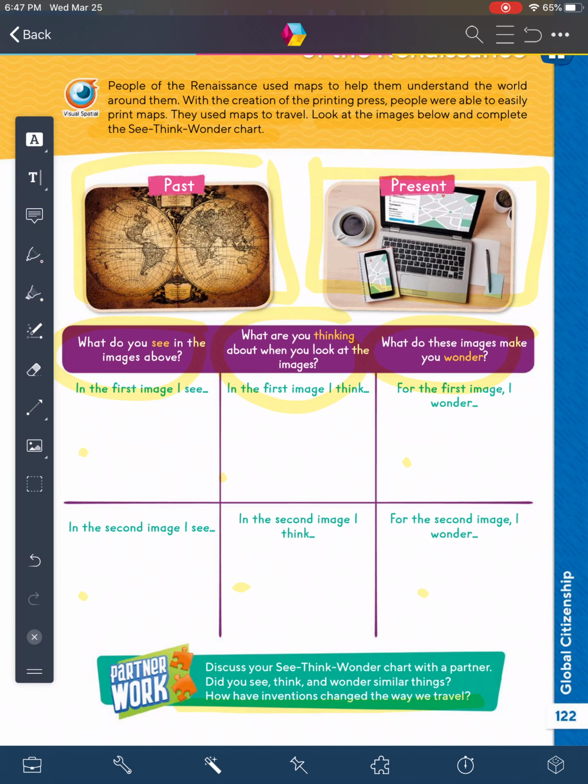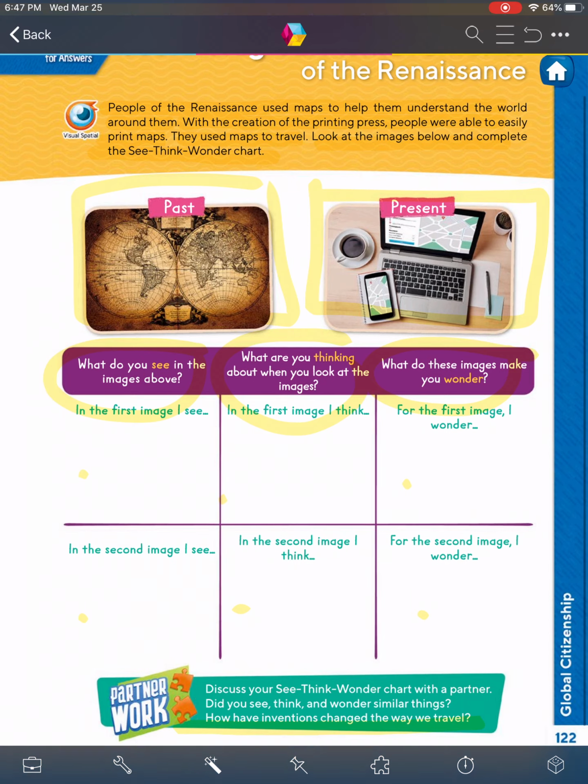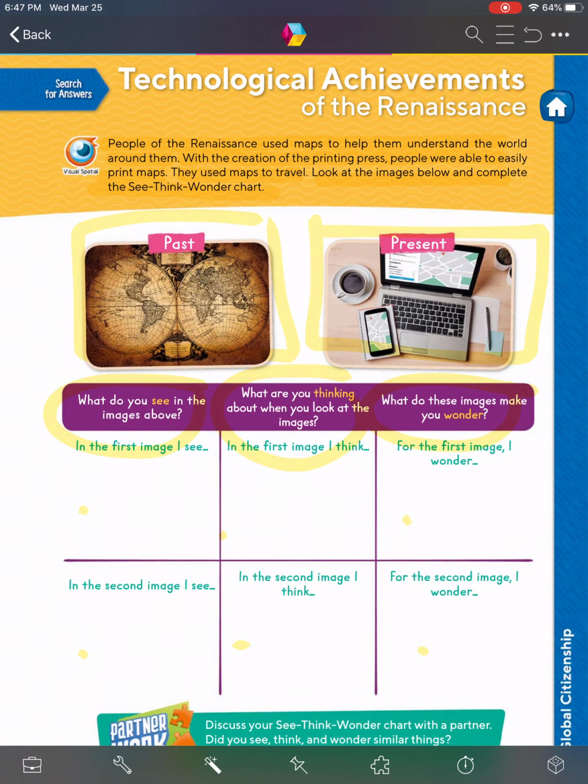After you finish this activity, I will invite you to also think about this activity in a different way. We are talking about technological achievements, and right now we are going through a complicated situation, this health problem.